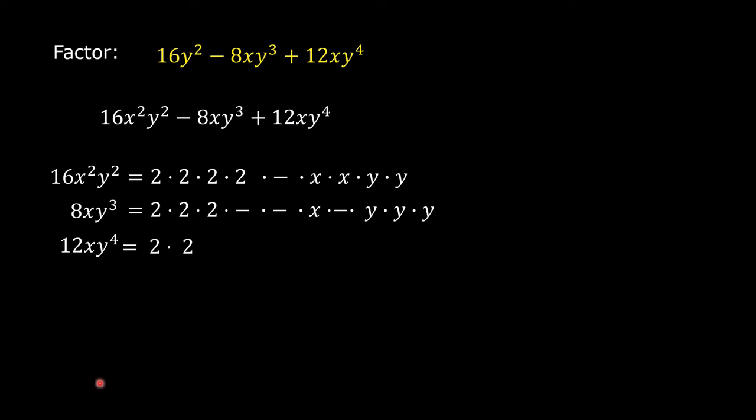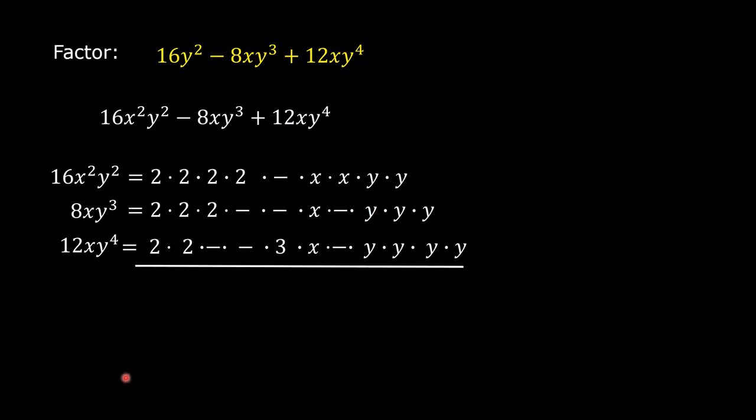So we have now 2 times 2 times 3 times x times y times y times y times y. Write 2 below 2, write 2 below 2, then 3 here, then x below x, y below y, y below y, and then y below y.